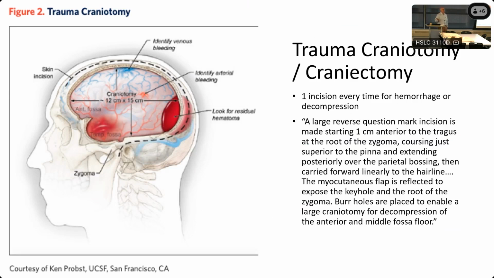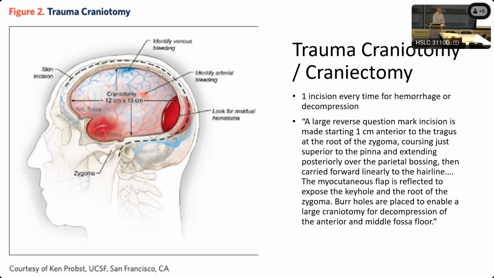If you're doing decompressive craniectomy, or craniectomy for stroke decompression, use the same incision. The key parameters are 12 centimeters vertical by 15 centimeters lateral. That's not an easy number to reach.